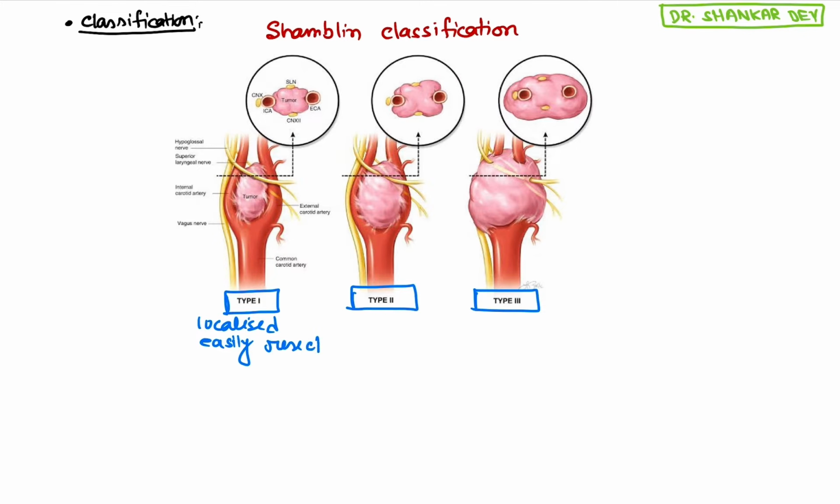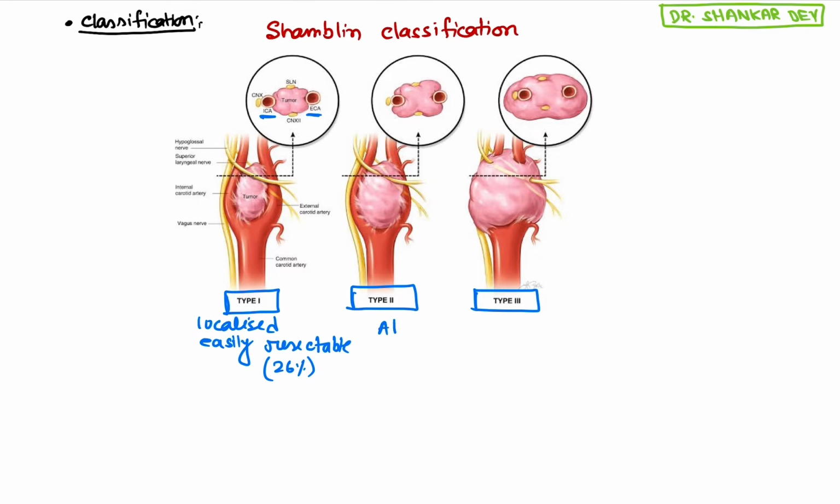As you can see, it is not adherent to either internal carotid or external carotid. This is a cross section showing it is not adherent to internal or external carotid. It is localized and easily resectable. It is seen in 26% cases.